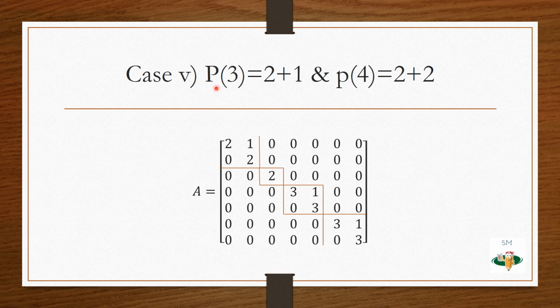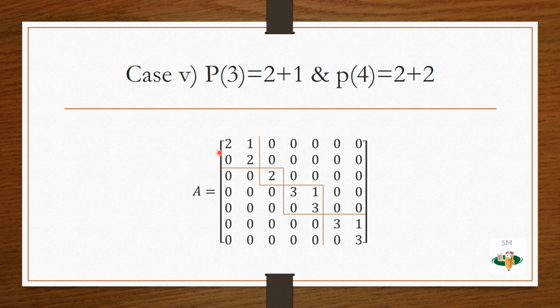So P of 3 equal to 2 plus 1 and P of 4 is equal to 2 plus 2. So here this is a 2 cross 2 block and 1 cross 1 block. This is a 2 cross 2 block and 2 cross 2 block. So here it is totally a 7 cross 7 matrix because we are finding the partition for 3 and 4. Therefore 3 plus 4, it is a 7 cross 7 matrix.